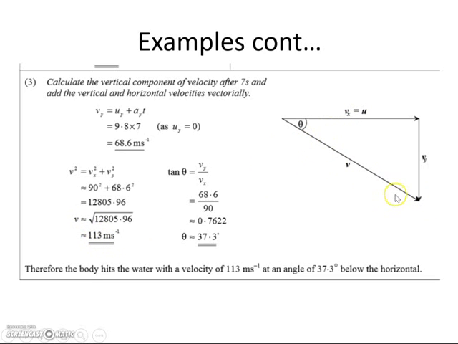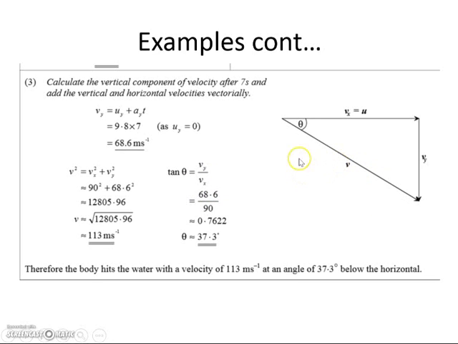So this is 113 meters per second, but velocity is a vector, so we need an angle or a direction. We don't know this angle, and when we don't know an angle, we have to do an inverse function.